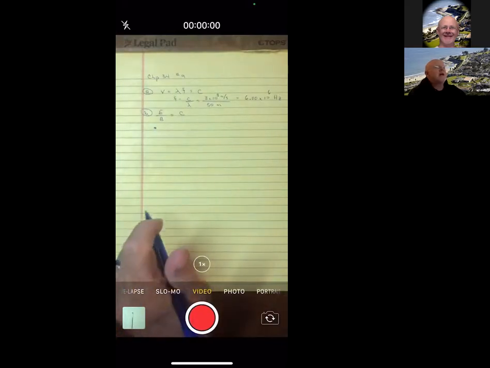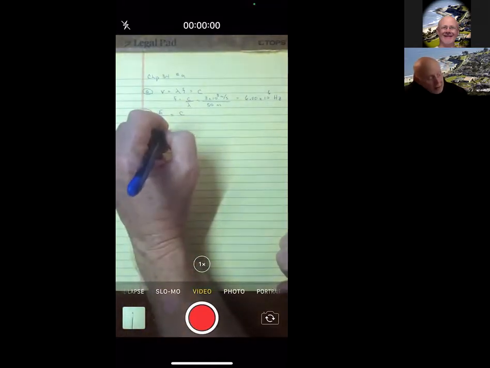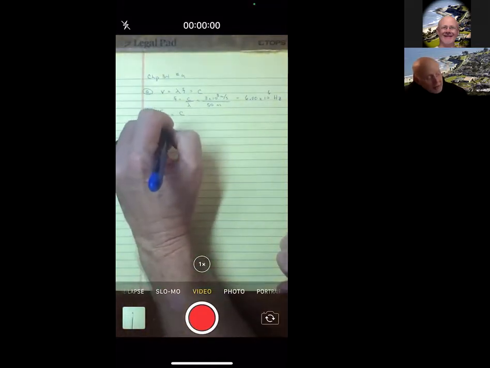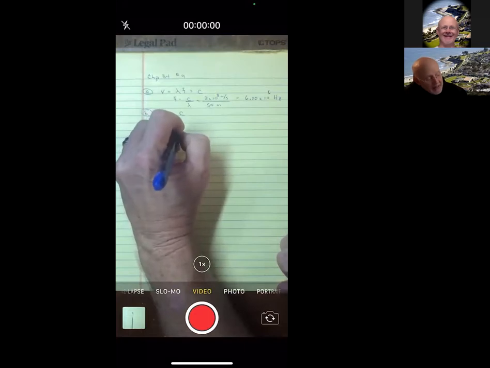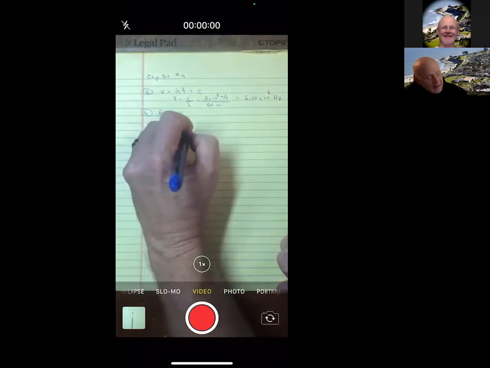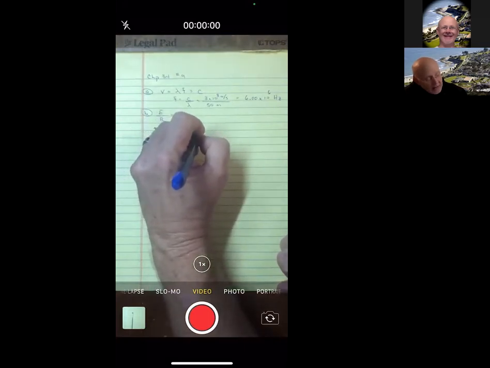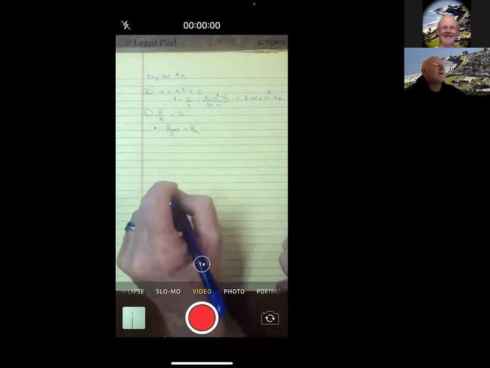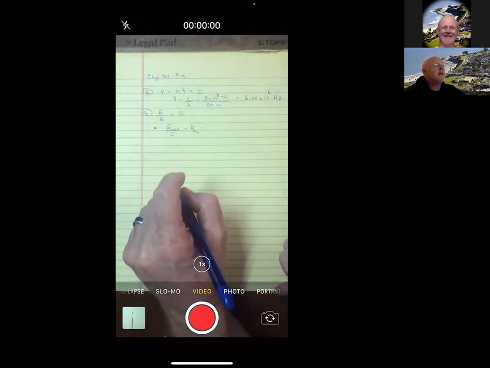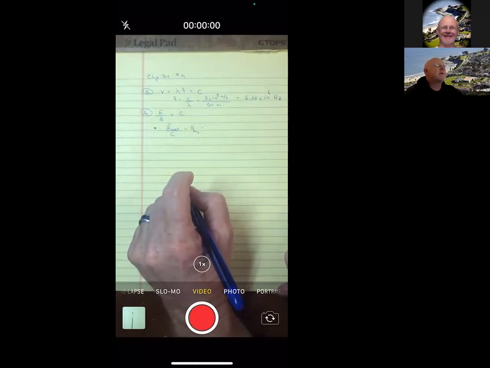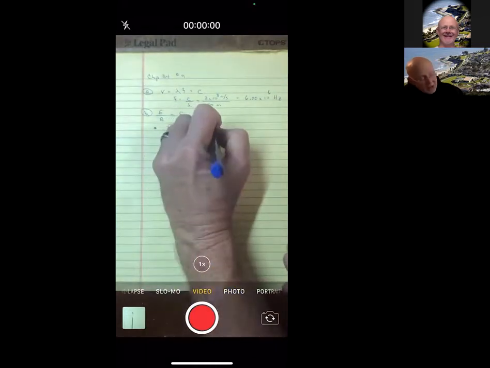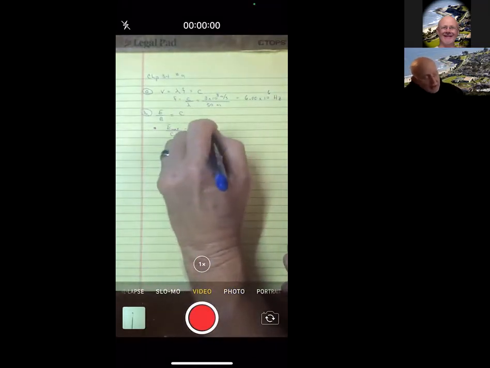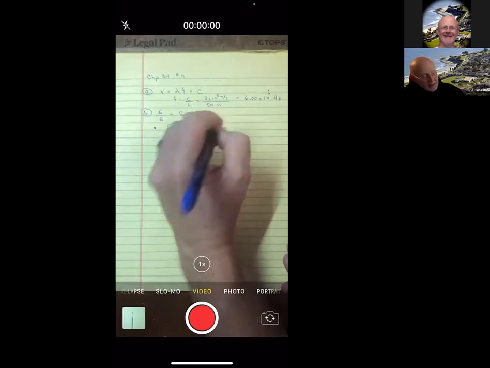But he goes on to say that we are to find the magnitude and the direction of the magnetic field when the electric field is at its maximum. All right, so the rearrangement of this would say maximum electric field divided by C would be the maximum magnetic field. So they say that the electric field has a maximum of 22 volts per meter.